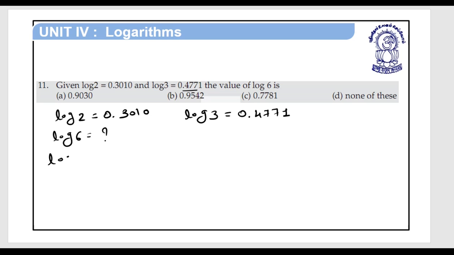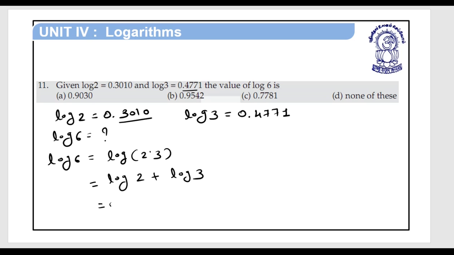Convert 6 into 2 and 3 form: 2 into 3 means 6. So here we can apply log 2 plus log 3. Putting the values, 0.3010 plus 0.4771 is equal to 0.7781. So answer is C.